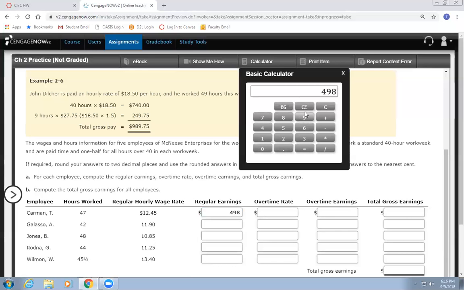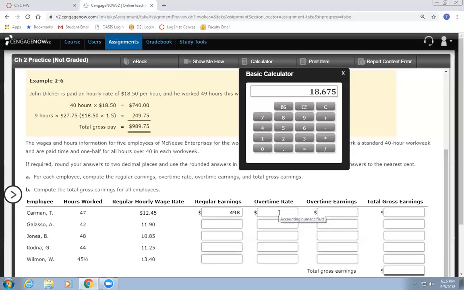Okay, so overtime rate, we're going to take his or her regular hourly wage rate, $12.45, times 1.5, okay? And then we're going to round to 2 decimals. If it's a 5 at the end, I'm going to round up, okay? You will find in this class, if you get the wrong answer, it might be a rounding issue.